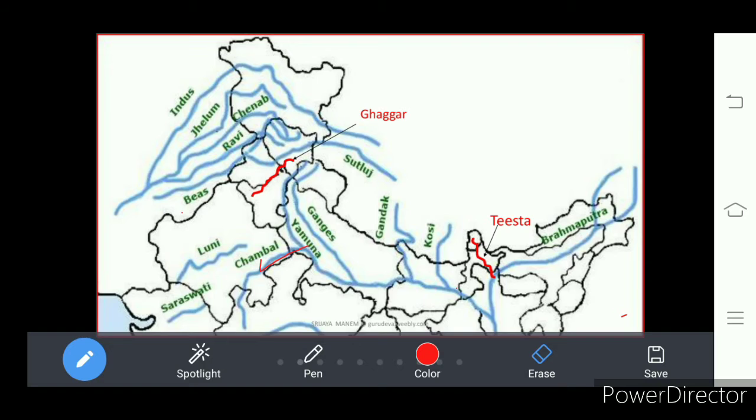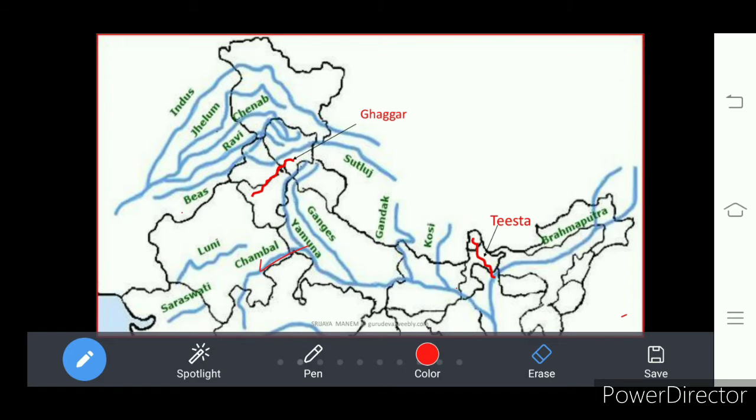Clear? And here we see that it is maximum in India. That means the Indo-Gangetic plains located in India get water mostly from the river Ganga.